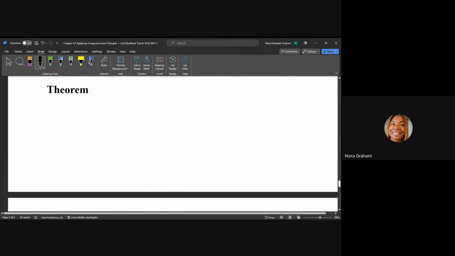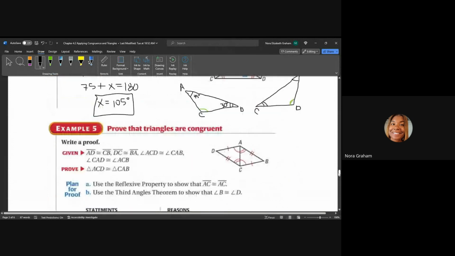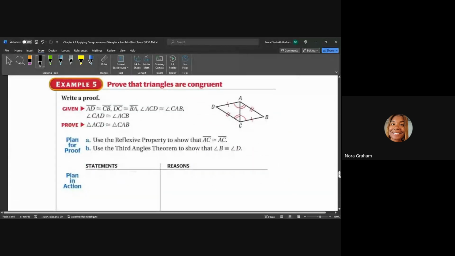Now, I believe this is going to be a proof, and we do need practice with proofs, so proofs are always good. So this one, we're going to prove that triangles are congruent. So for this one, let's see our given.